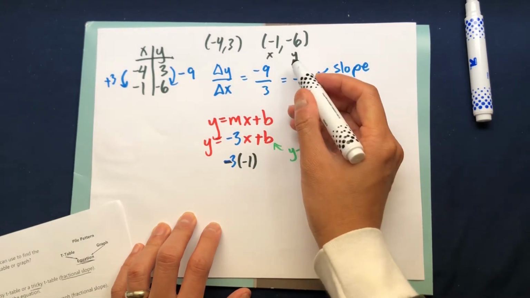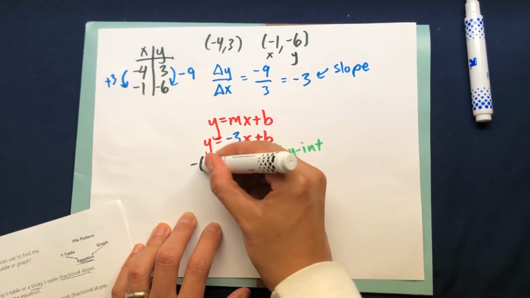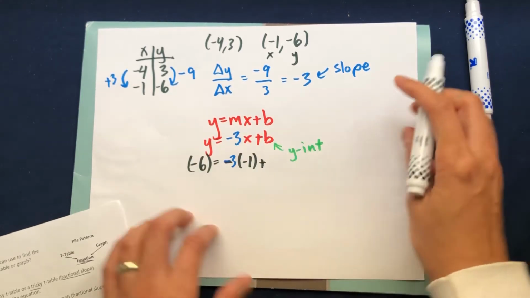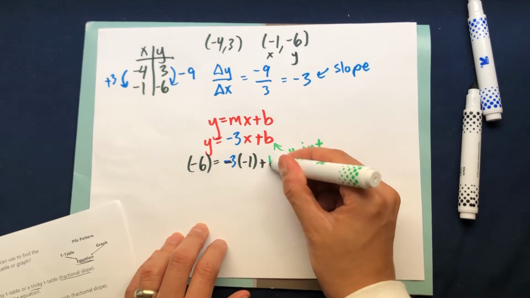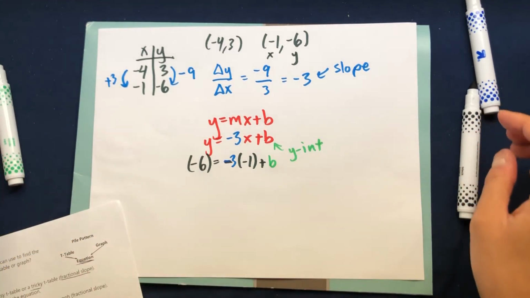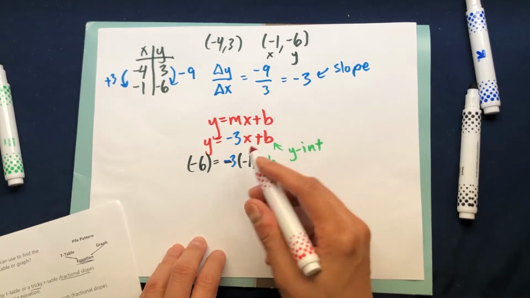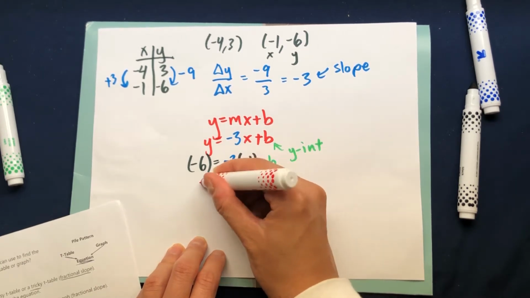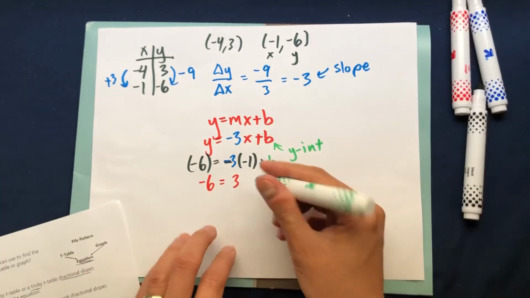And y is -6. Plus our b, which we don't know yet. If we simplify this, we get -1 times -3 is +3 equals -6 plus b.